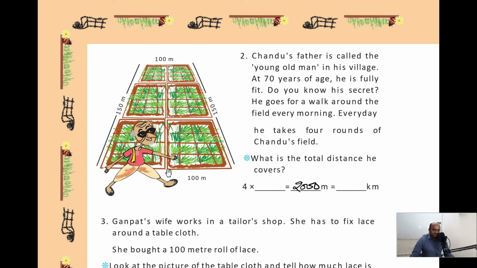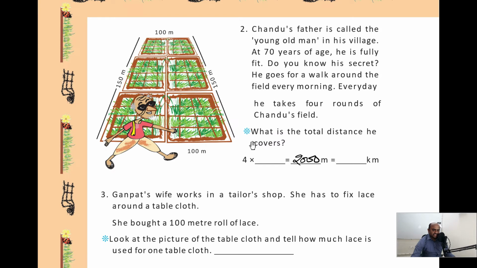It looks like a rectangle. For a rectangle, 2 sides are equal and the other 2 sides are also equal. As I said just now, you can add 2 sides and multiply by 2 to get the answer. Otherwise, you add all the 4 sides and you will get the answer again.